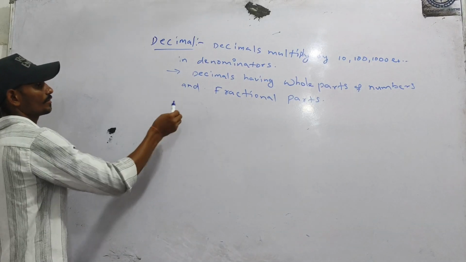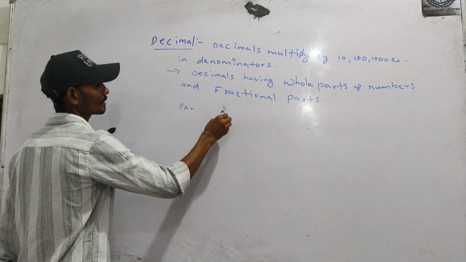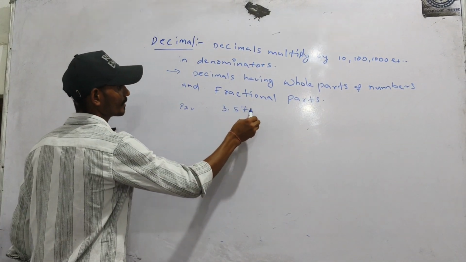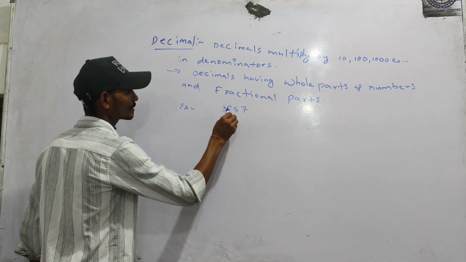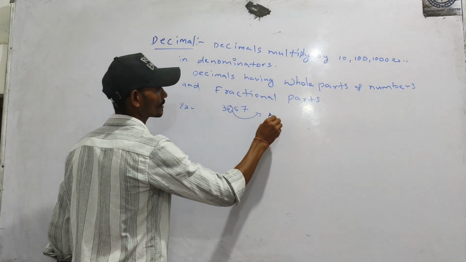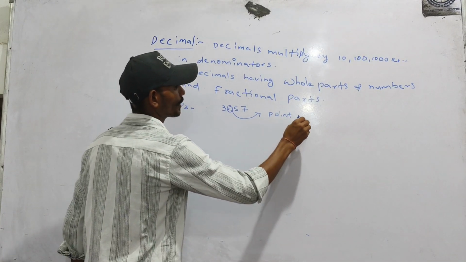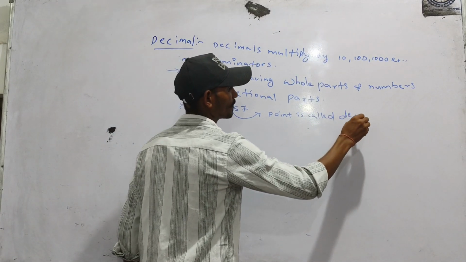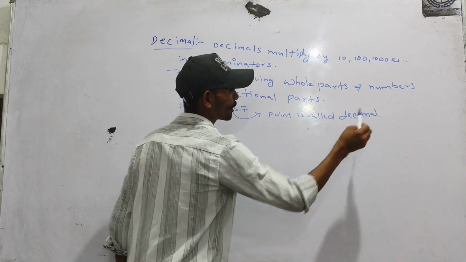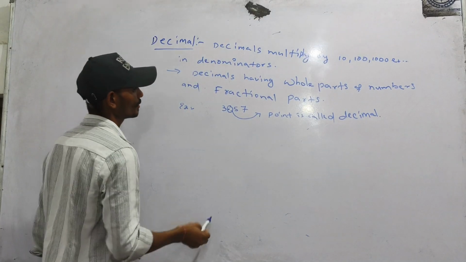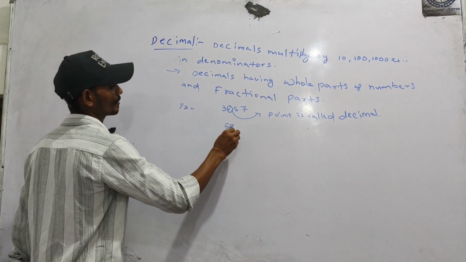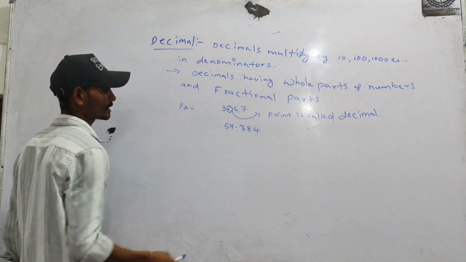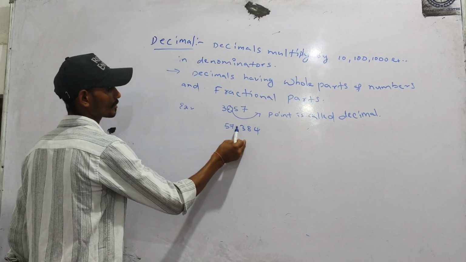So, for example, 3.57. This point is called the decimal point. Next, the number before this point is called the whole part, because that is the whole number.